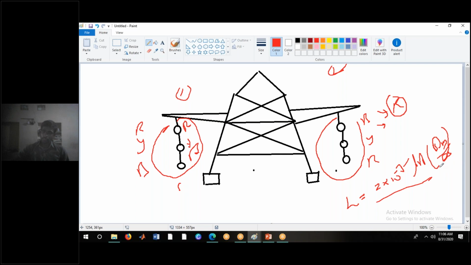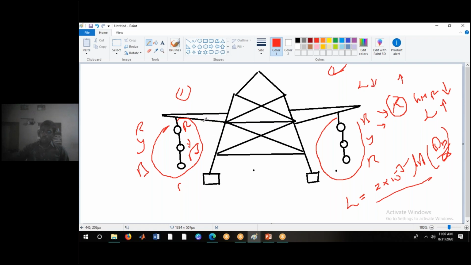It is also called GMR, geometric mean radius. Now, when the geometric mean radius is reduced, the inductance value will increase. When the GMR is increased, the inductance value will be reduced.